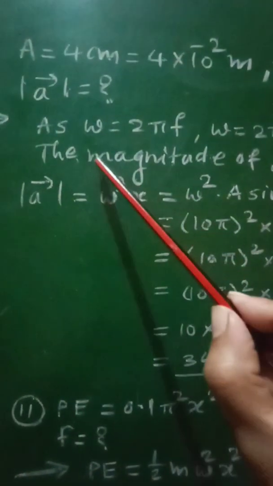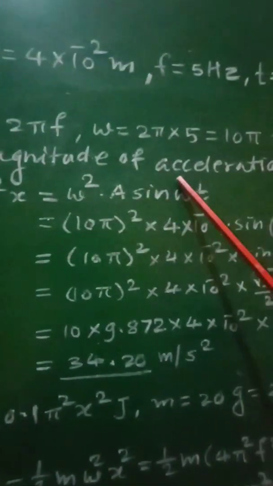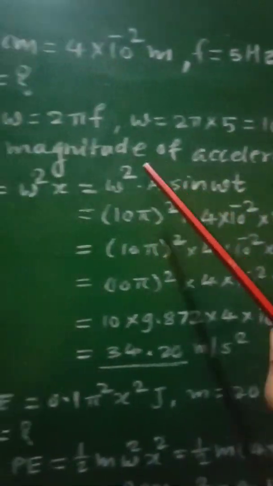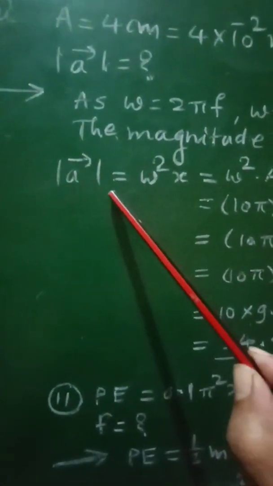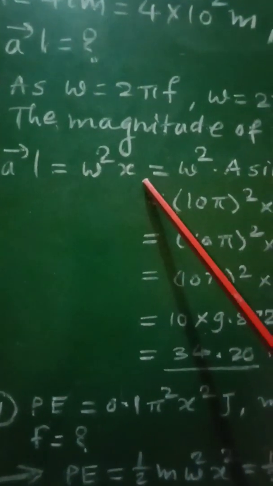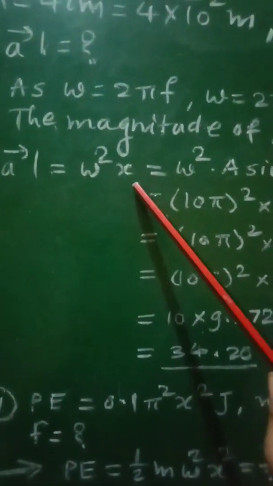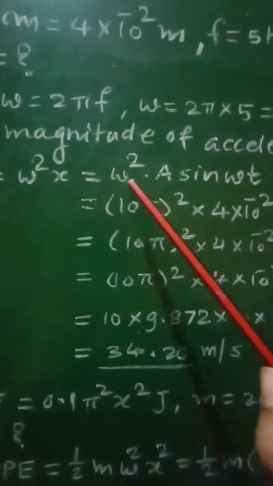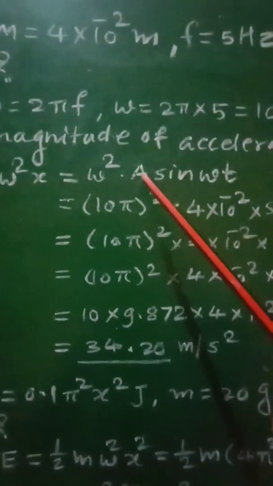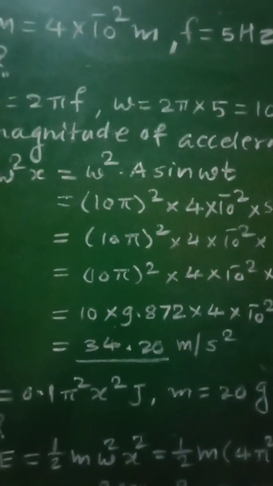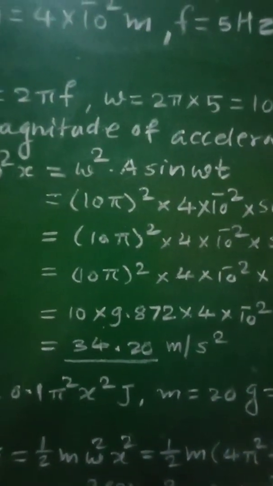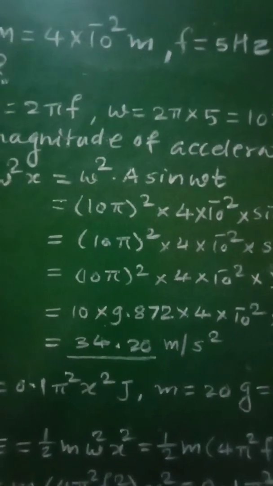Now the magnitude of acceleration will be given as magnitude of a equal to omega square x, which will be written as omega square into A sin omega t, assuming that the needle starts its motion from the mean position.